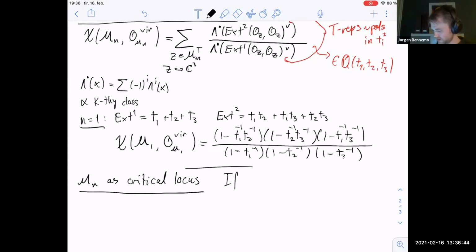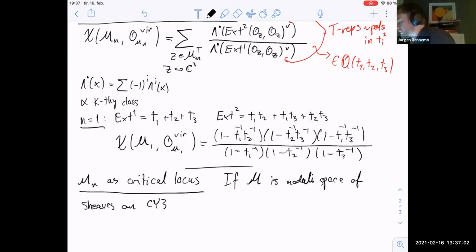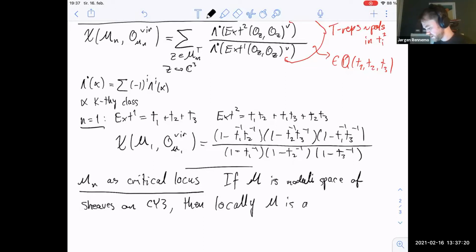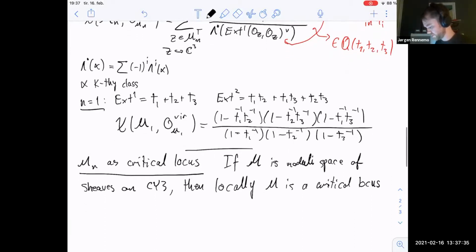in general, let me just say this imprecisely. If M is a moduli space of sheaves on a Calabi-Yau threefold, then locally M is a critical locus, meaning it sits inside something smooth, and it's defined by the vanishing of the partial differentials of some function.